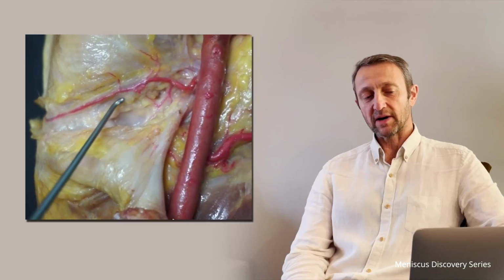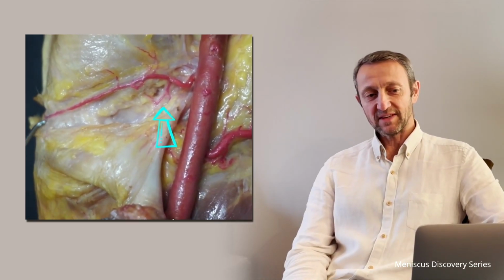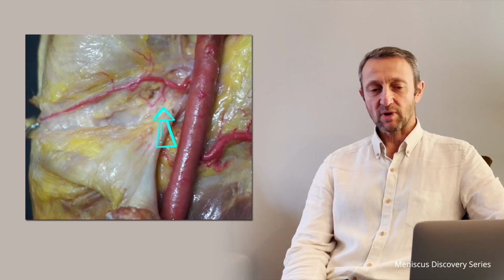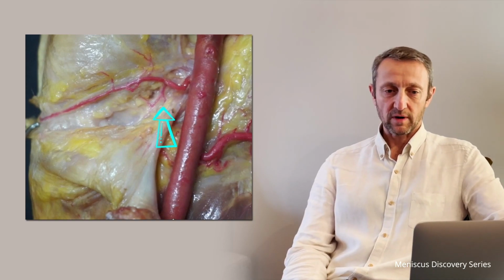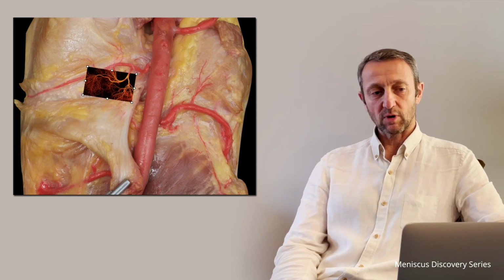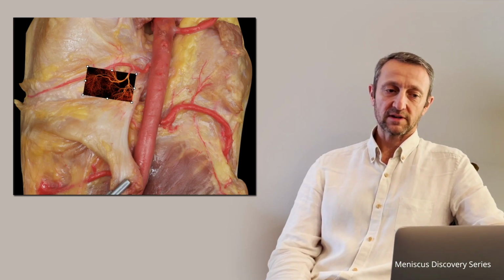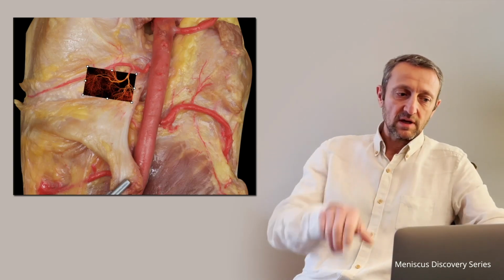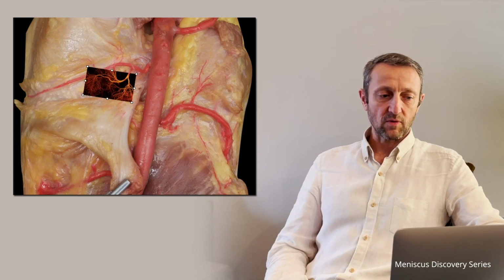This one is running to the posterior root, and this one here is running to zone 4. And this is the special technique. You can see very small microvascularization running. One is going to the posterior root, one is going to zone 4.